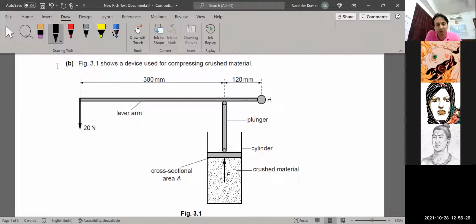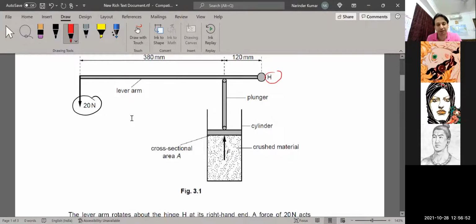Okay, lever arm is there, plunger, cylinder, crushed material, cross-sectional area, and one force is acting, 20 Newton, and this force is acting, the distance is given. What is this H here? What is this H here? Possibly that is the axis.